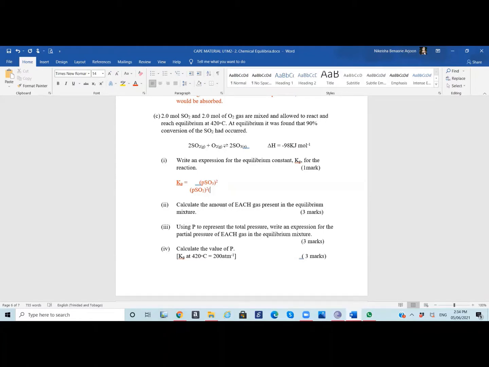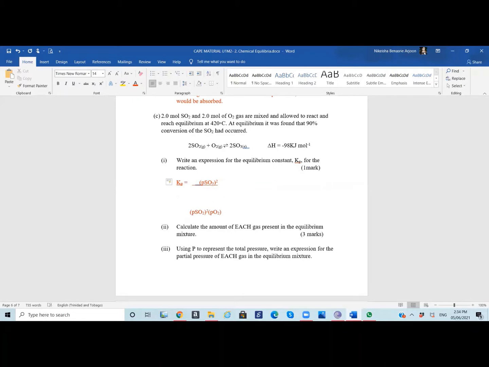O2, PO2. Correct. Now you're just plugging in the values. Well, the first part of the question is just asking for the expression, okay, yes.